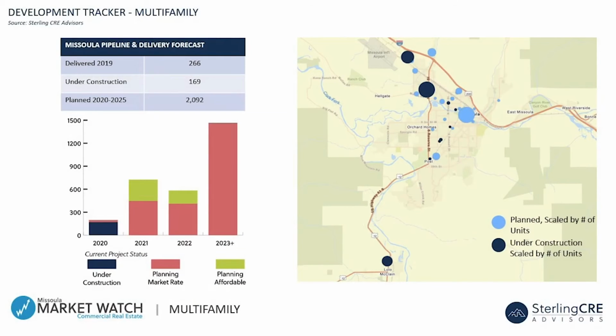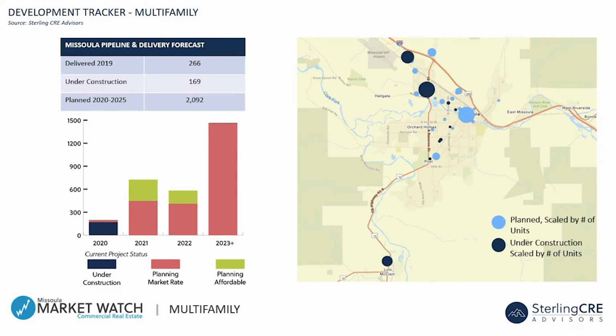So as we look at the tracker, basically what development projects are in the works for the future, this also helps to predict vacancy in the future and demand in the future. So in 2019, there were 266 units that we were tracking that were delivered, which is pretty close to what, if you do that formula that I showed before, about what demand is, maybe a little bit under.